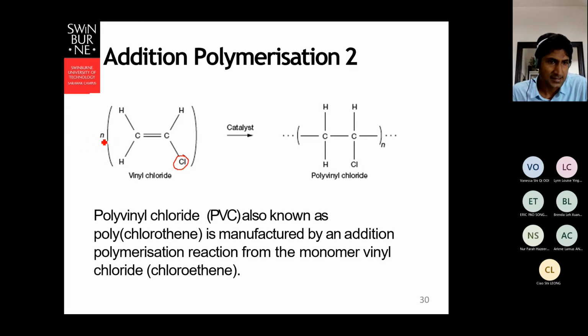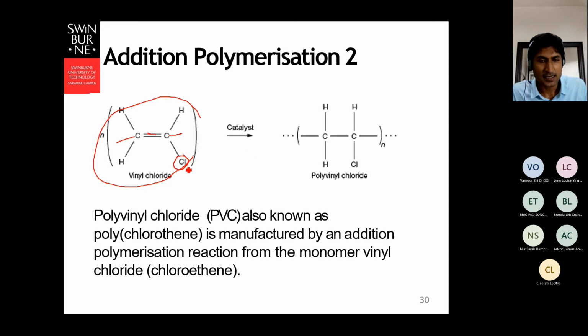And when this double bond opens up, many of the same type of molecule attach together, the same units. This is called the unit of this polymer chain. This is one single unit, just like a building block, of course in the presence of catalyst.